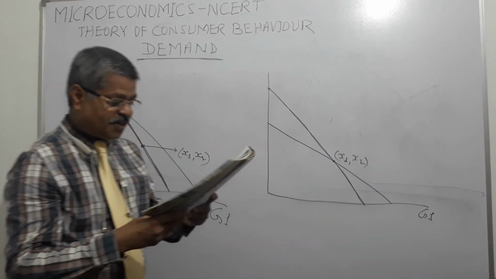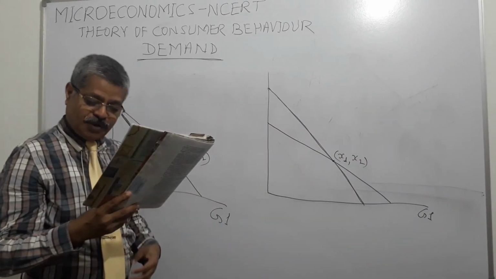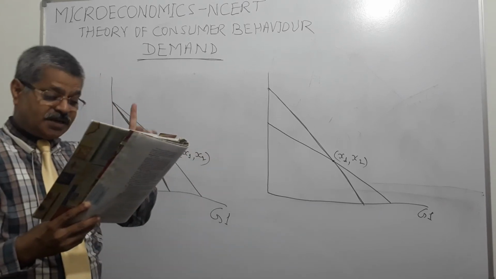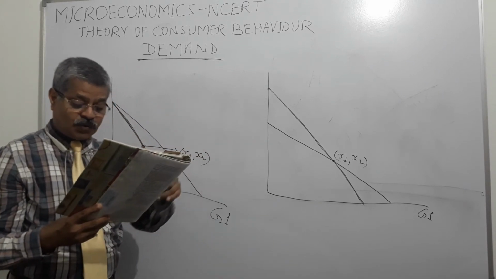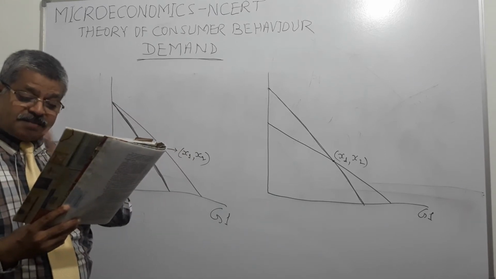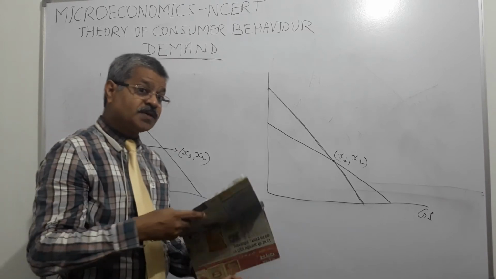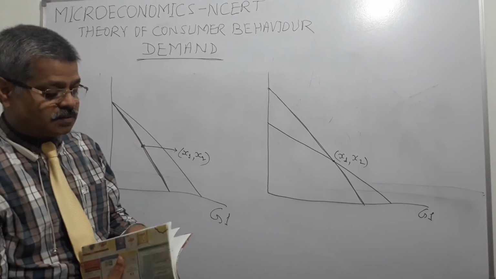So, the change in the optimal quantity of a good when its price changes and the consumer's income is adjusted so that she can just buy the same bundle that she was buying before the price change is called the substitution effect, right?